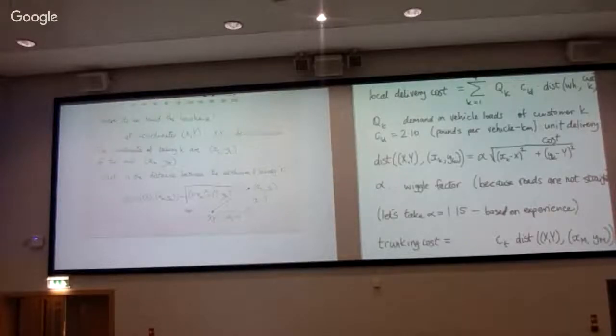However, when you compare it to what we had up here, we had the distance, we had the unit cost of local delivery, then the unit cost of company delivery, but we had the quantity, how many vehicles the customer wanted. So we should put some quantity here as well, because otherwise we would just have one vehicle, and we're doing more than one vehicle. So what is the quantity?